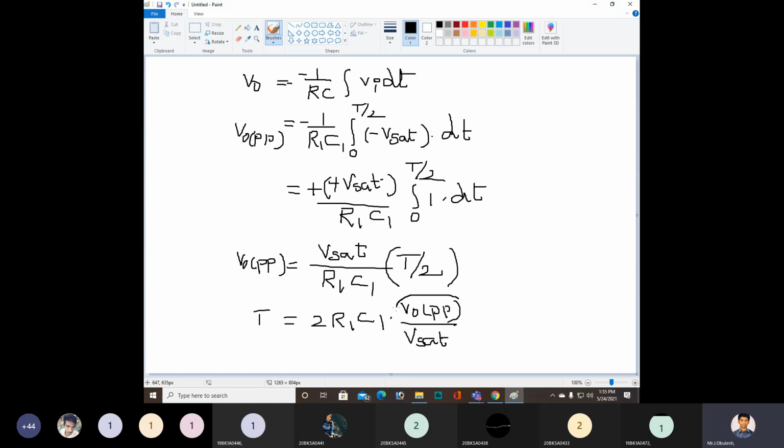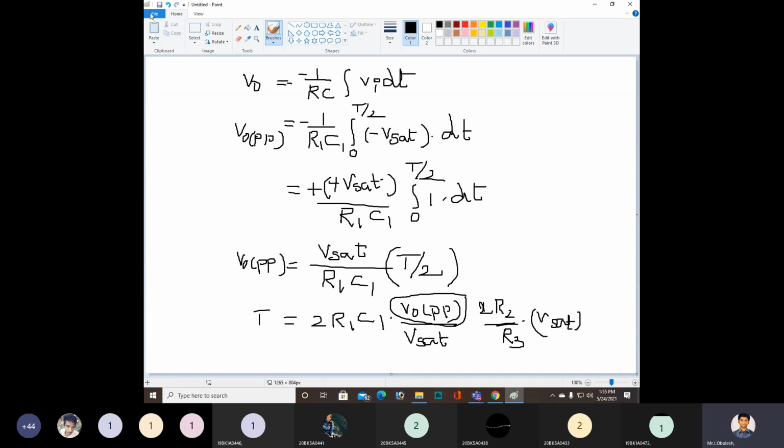Instead of V naught PP, substitute 2 R2 by R3 into V saturation. I am writing here only, but you need to write it separately, in a separate line.